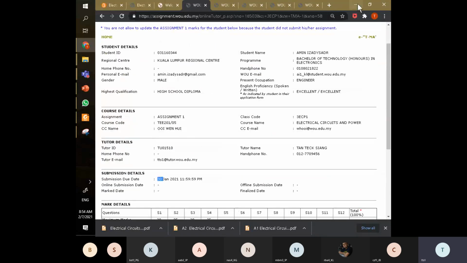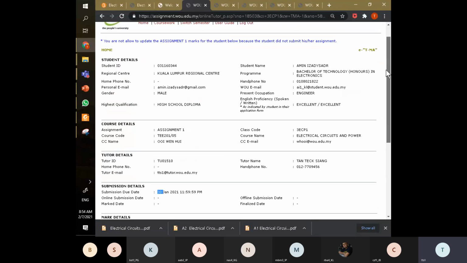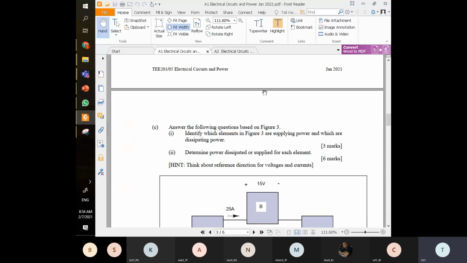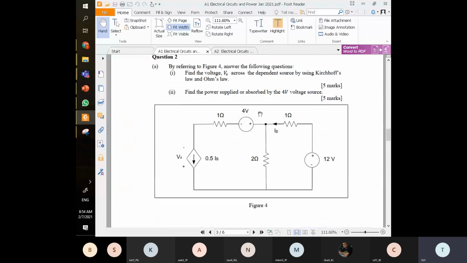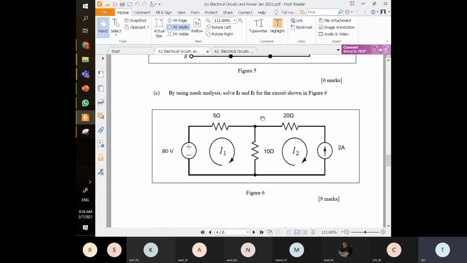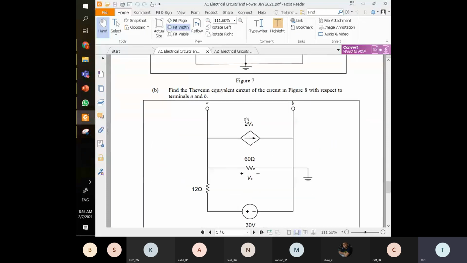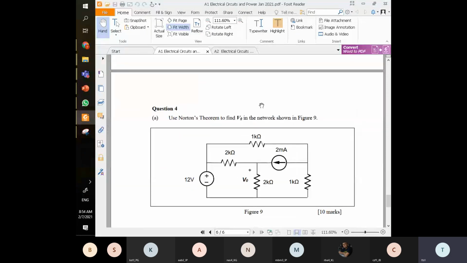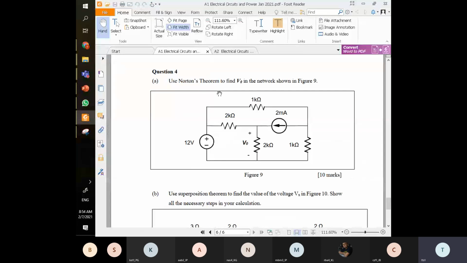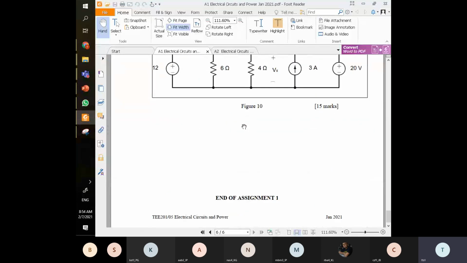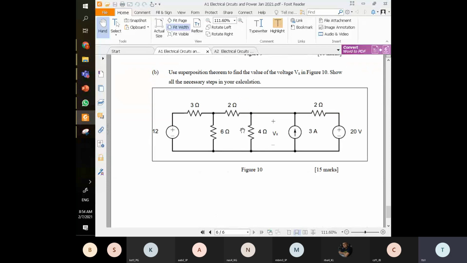At that time, we hadn't completed Unit 2 yet, so you had no time to prepare for some of the questions. Some of the questions come from Unit 2, like the Thevenin question and Norton, and at the time of the due date we hadn't actually covered this topic yet.